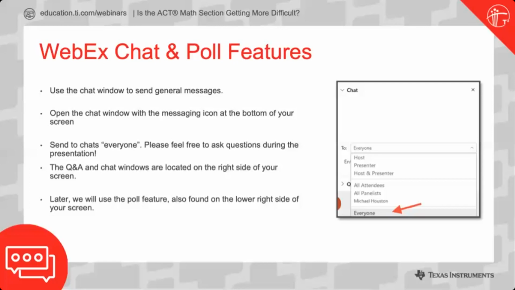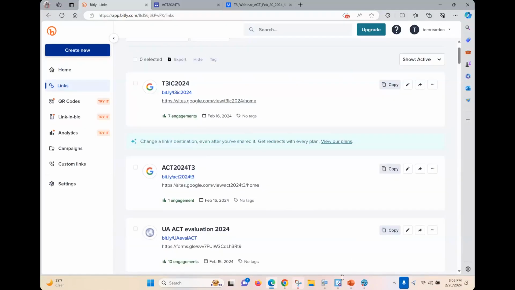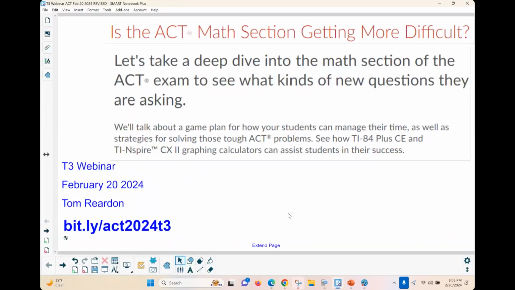I'm listed twice, but somehow I got thrown out. I'm going to kick out the bad Tom Reardon. That would be both of us. Okay, so sorry about that. I don't know what happened. All right. Can we all hear? Good. All right. Sorry about that, everybody.